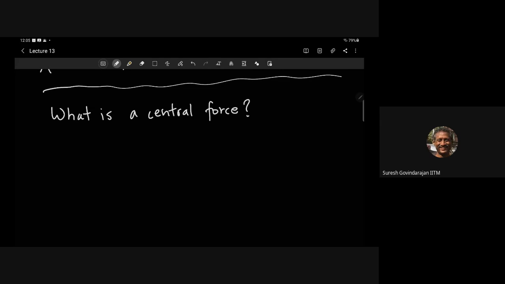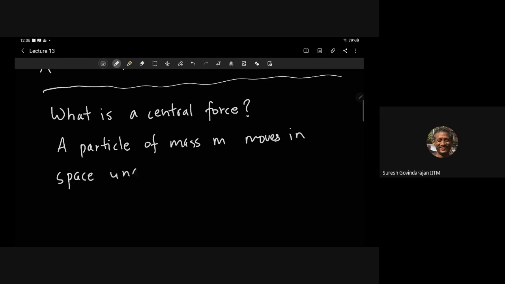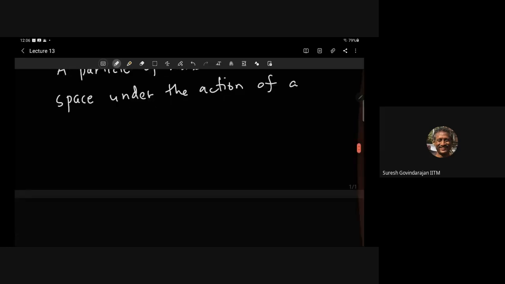Okay, so we'll begin with a particle under the action of a conservative force.